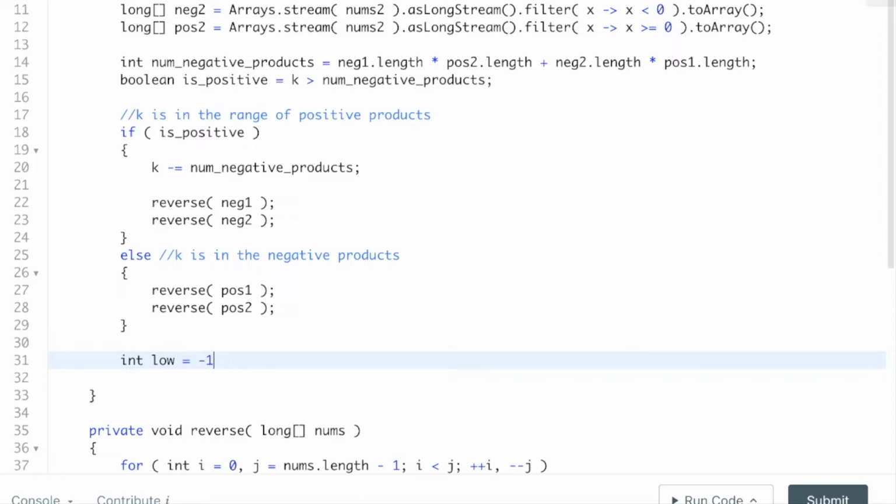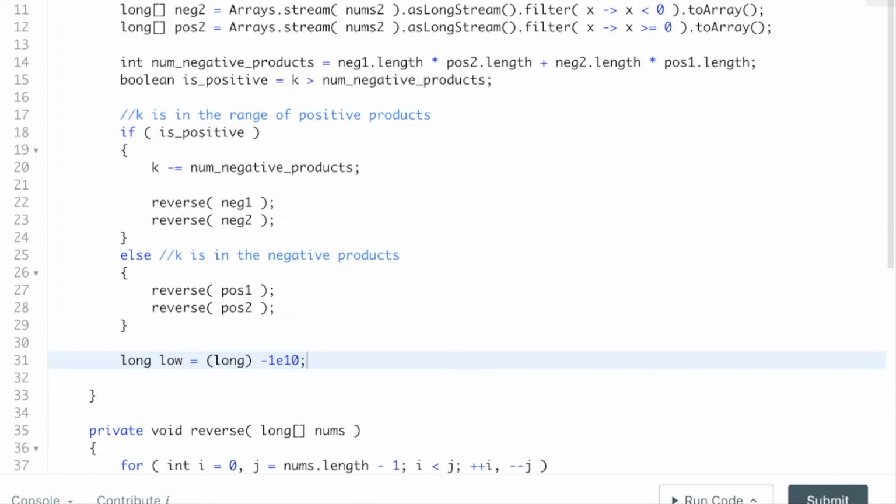If we were to multiply negative 10 to the 5th times 10 to the 5th, this would be the smallest possible product we can have based on the constraints. So the way that we're going to represent this is negative 1e10, and I'm going to cast that to a long.